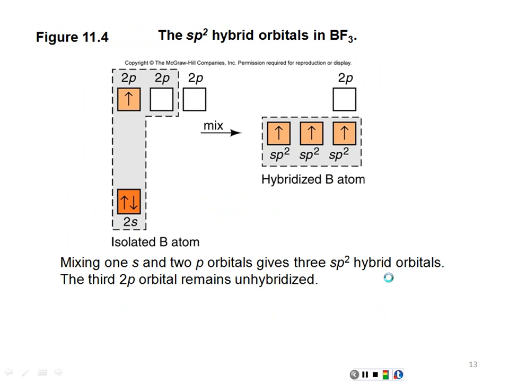All right, let's look at the next element in the periodic table. That would be boron. Boron has 3 electrons. It can form 3 hybridized orbitals. It will use a 2s atomic orbital and two 2p atomic orbitals. Now we have 3 identical hybrid orbitals that are labeled sp2.